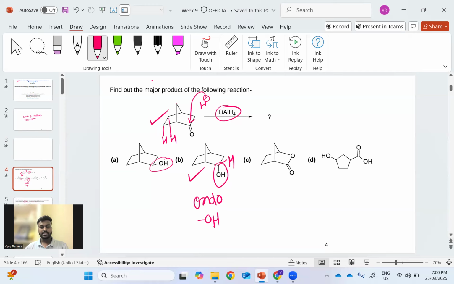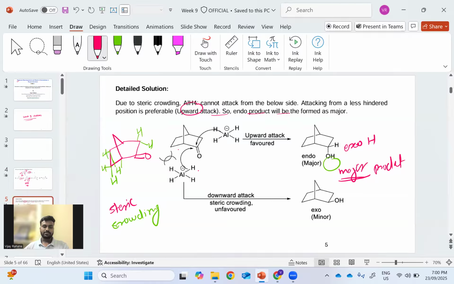So we get product B as the major product, and we have also seen the detailed mechanism. This intermediate step creates the steric crowding, and that's the reason we get the endo-directing alcohol as the major product.